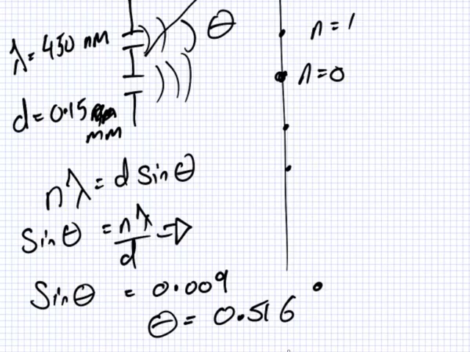What's the d? The distance between the slits. Shall I then change nanometers to millimeters? No, change nanometers to meters and millimeters to meters.